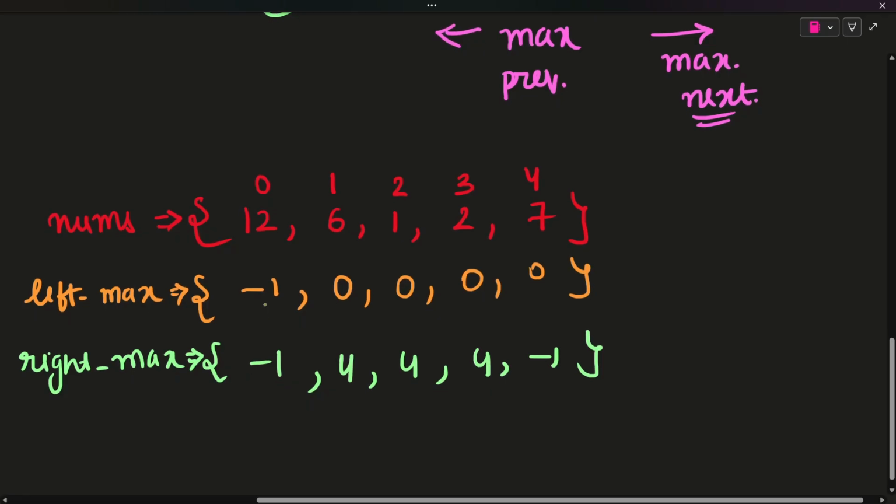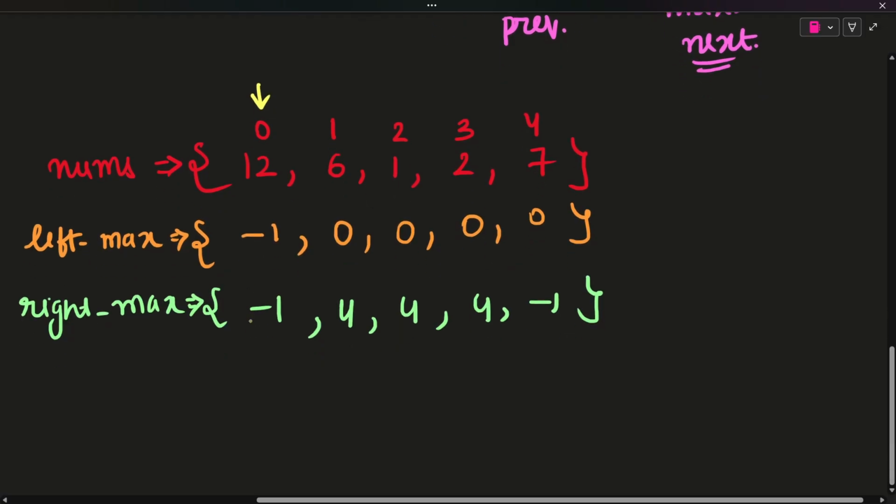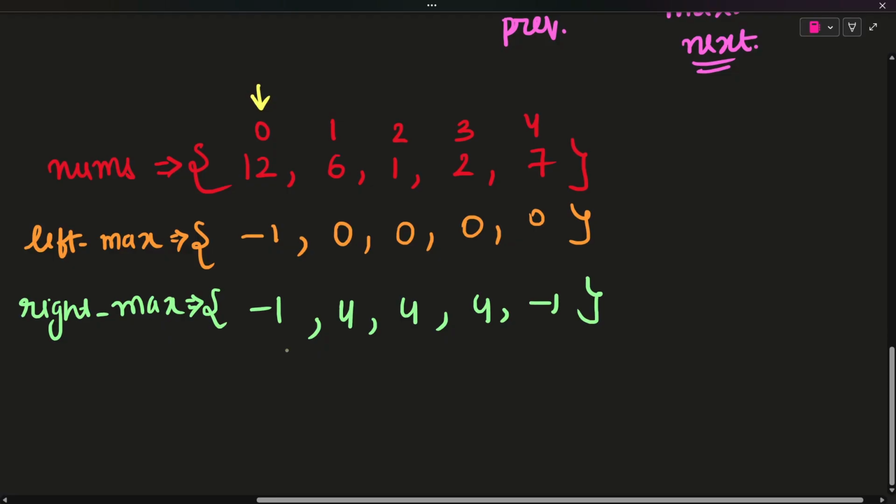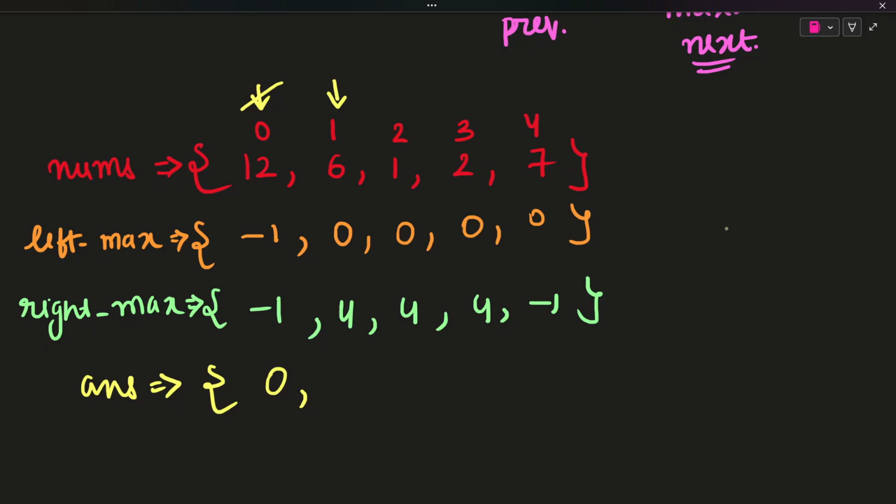So at index 1, what can be our answer? We don't have a left max and we don't have a right max. So it will be 0, right? This is our answer. Then we come to this. For this 6, what's the maximum on the left?